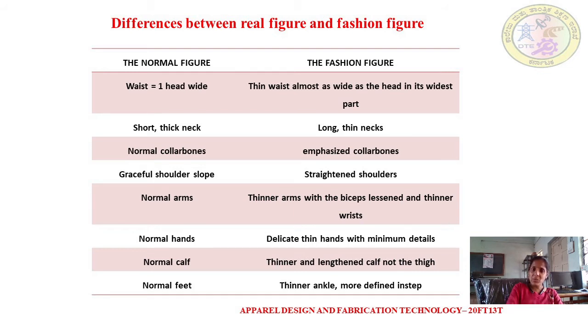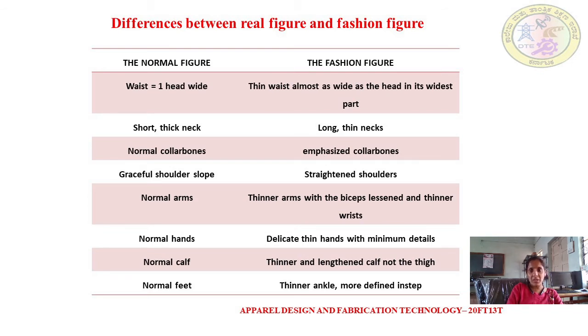Whereas when we compare this figure with the fashion figure, what is the difference? The difference is that fashion figures are taller than the normal figures and their waist is slim and fit. The waist is one head wide.